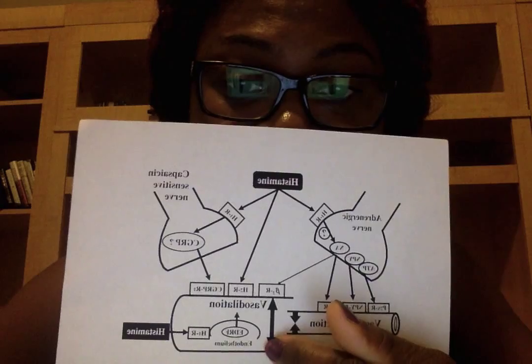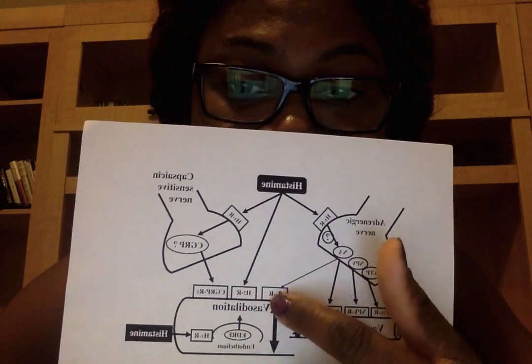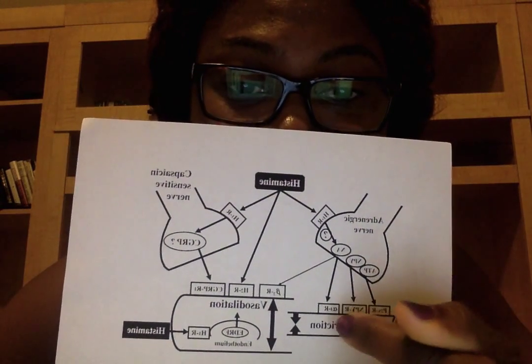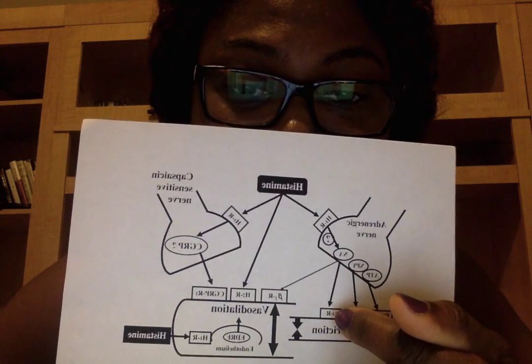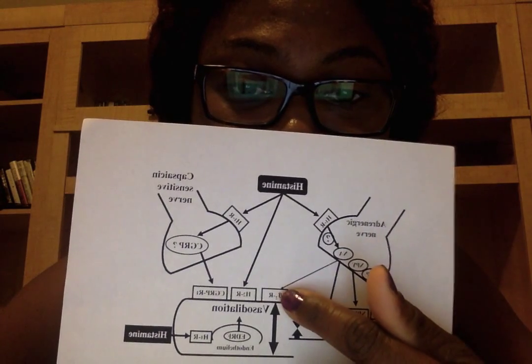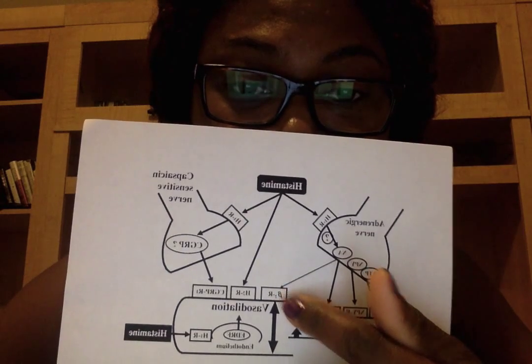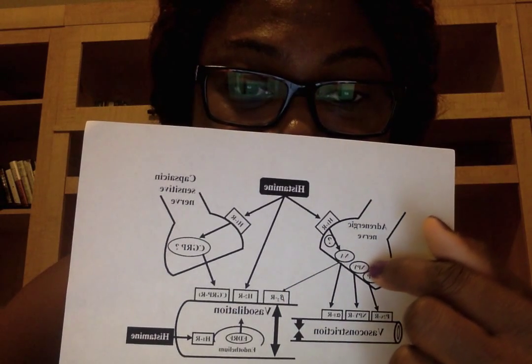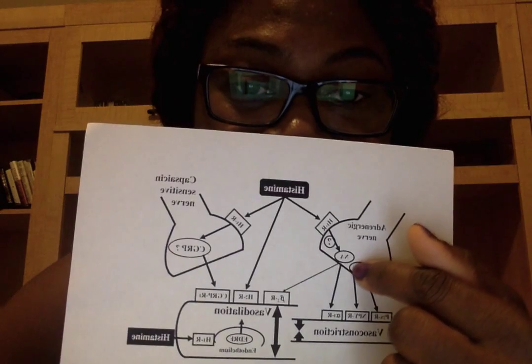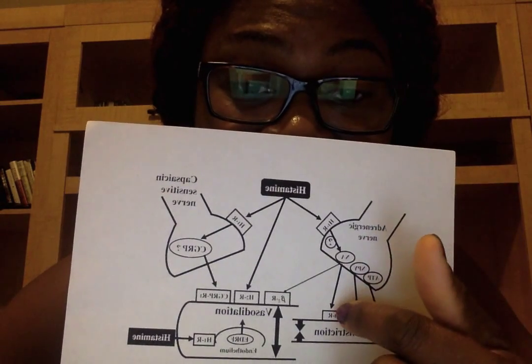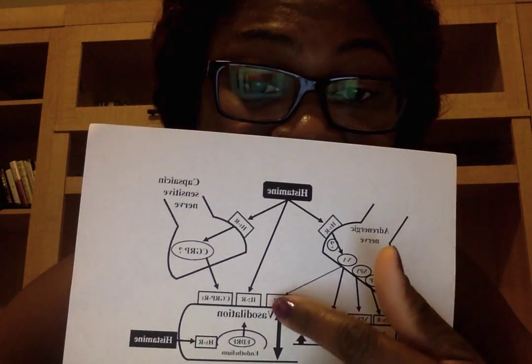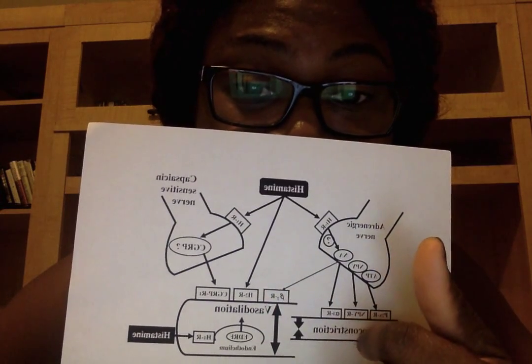Like here, it's causing a vasodilation, and here it's causing vasoconstriction. As you can see, there is an alpha receptor here, and here there's a beta receptor. And you can see that this effect is coming from a single nerve ending, but the effect is very dependent on which receptor it's acting on.